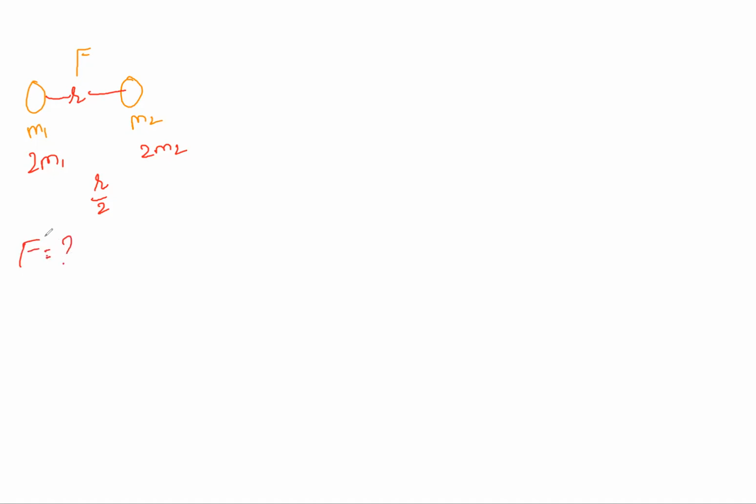So according to the equation, already we have F equal to G M1 M2 by R square, right? Now I'm substituting the new values.